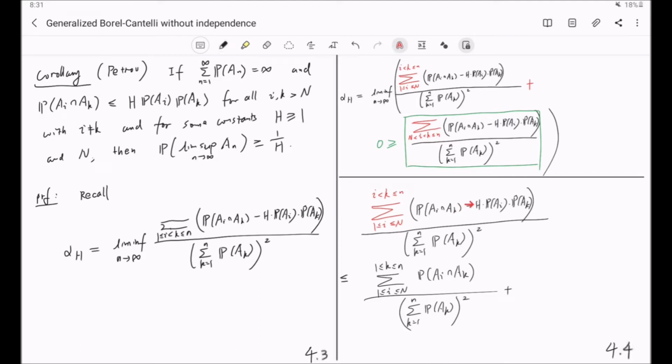And for the second part, we still do the same. The denominator is still the square of this sum of probabilities.